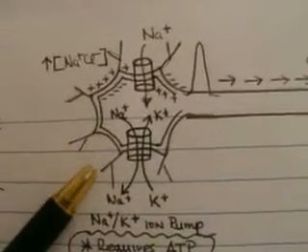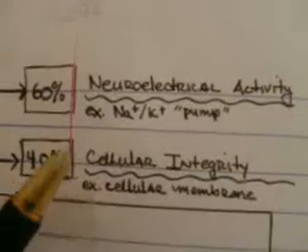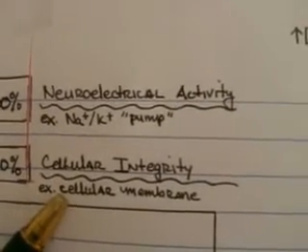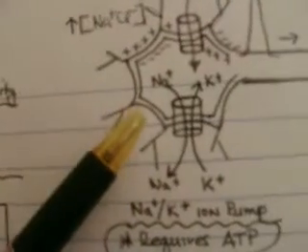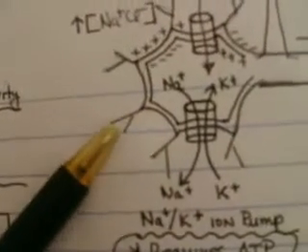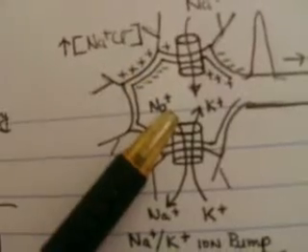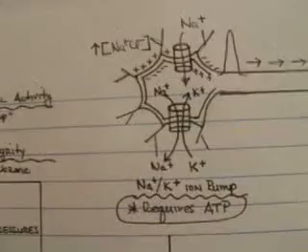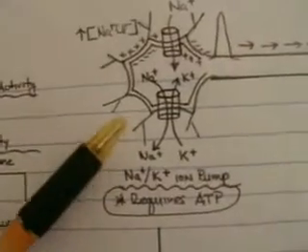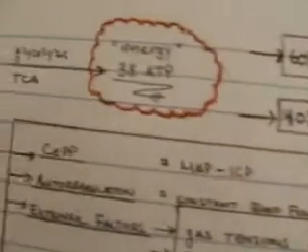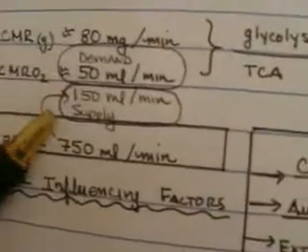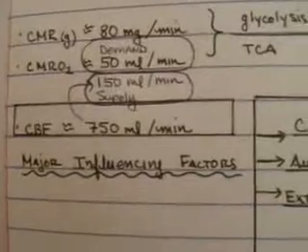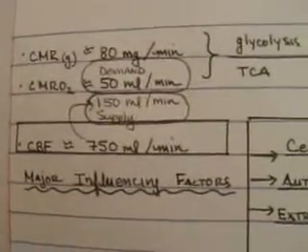Likewise, when you don't have the energy to maintain the cellular integrity of the brain tissue or the cellular membrane, you're going to start to get leaky cell membranes that allow even more sodium to enter the cell. Again, that's going to create worsening cerebral edema. Obviously this takes place when the brain does not receive an adequate amount of oxygen and glucose, and the brain receives these major components through the blood.